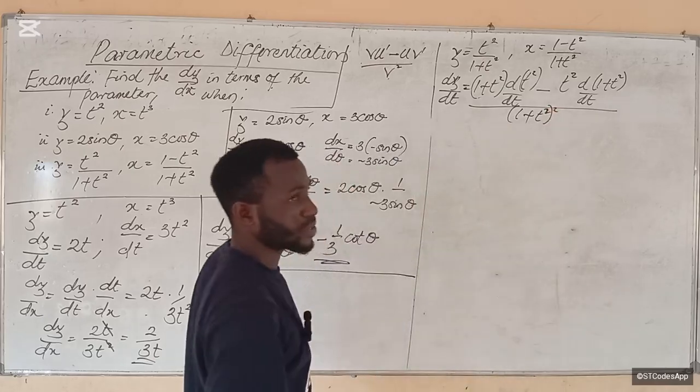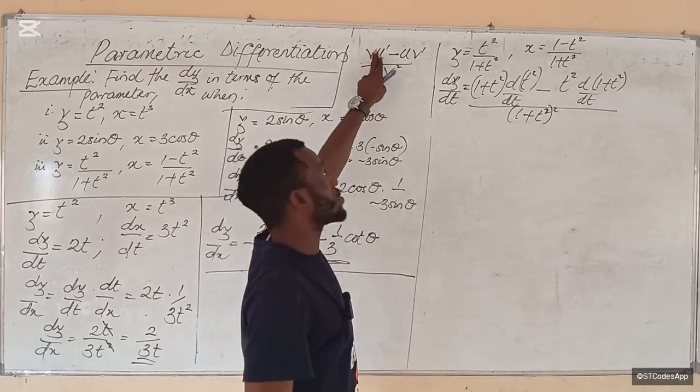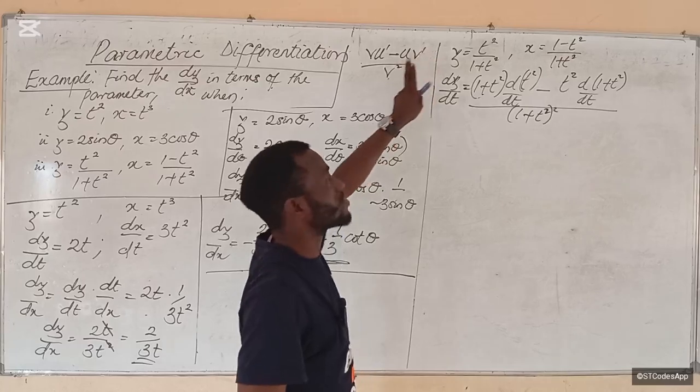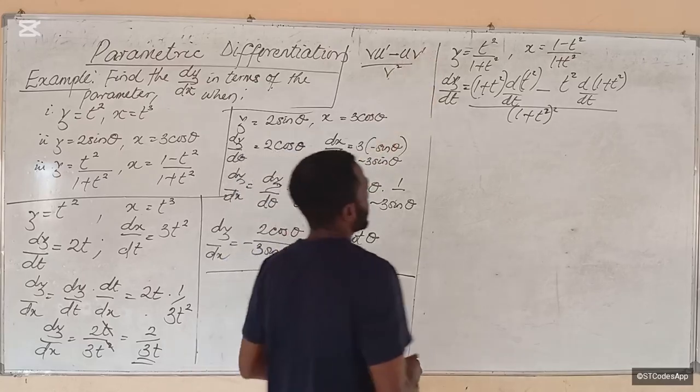So you have bottom times derivative of the top minus top times derivative of the bottom, over bottom squared.